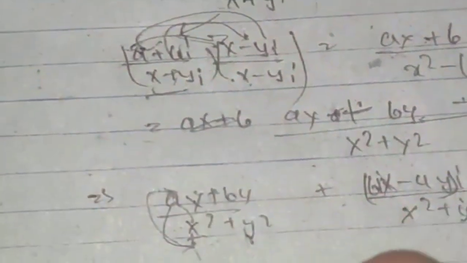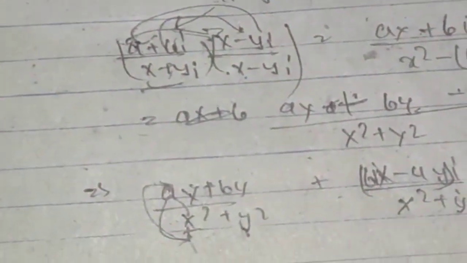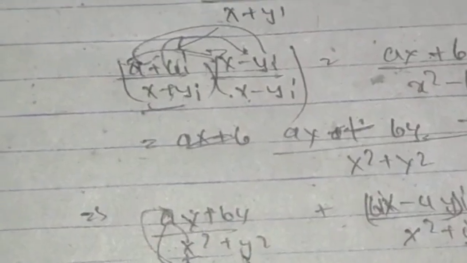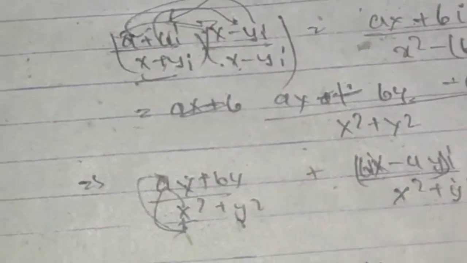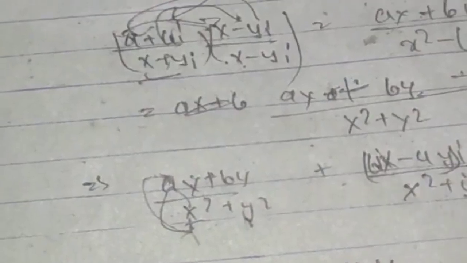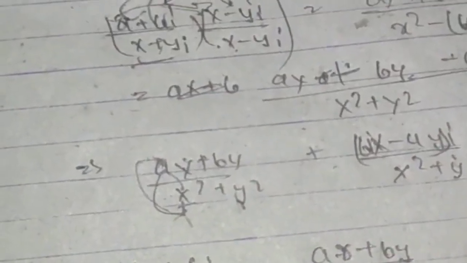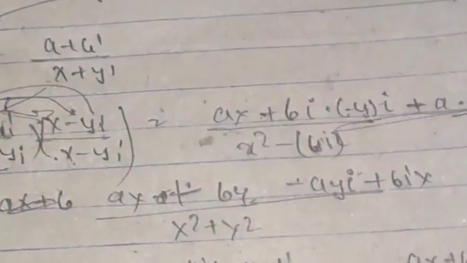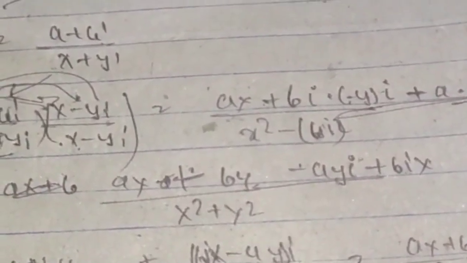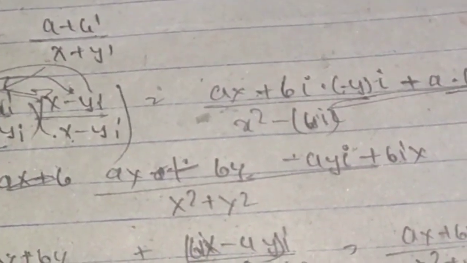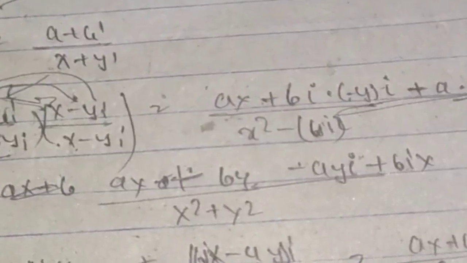Simple. x multiplied by this plus y multiplied by this. Okay, ax plus by upon the sum of the squares, then plus x times this, xb iota, minus y times this.